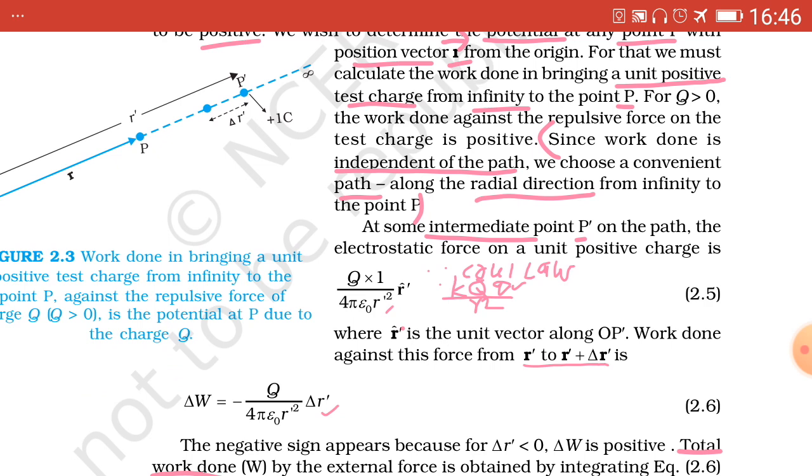This comes from the expression of Coulomb's law, that is capital F in scalar form, magnitude capital F equal to K, Coulomb's constant, K capital Q into small q upon r square. Again I repeat, you can write it beside.